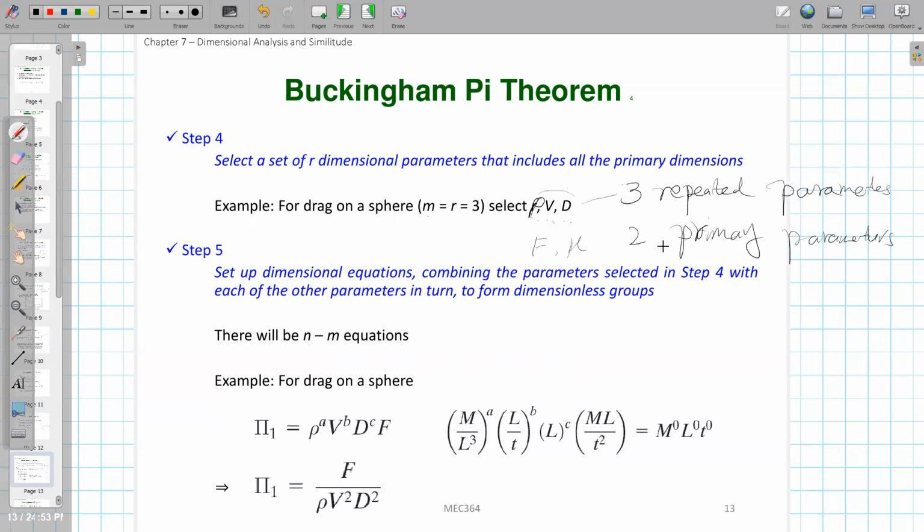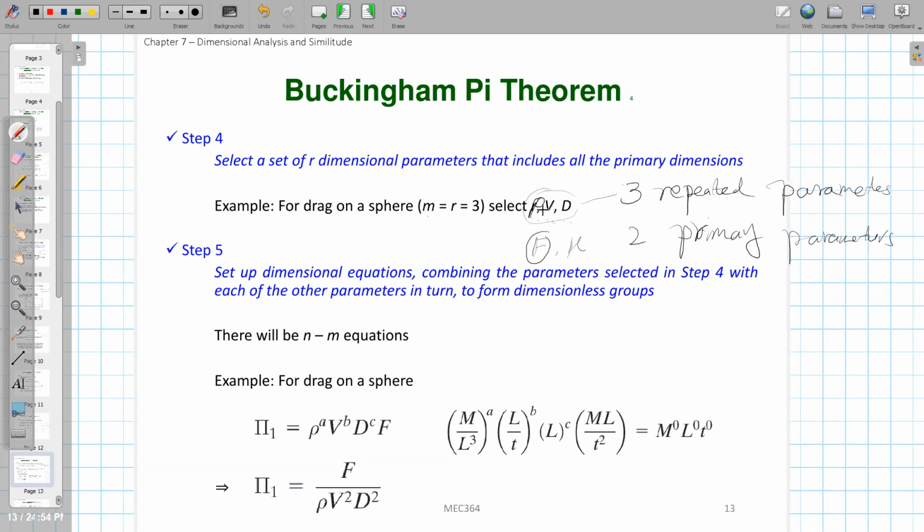For each primary parameter, actually, it can be expressed by these 3. From the dimensional analysis, we know that this rho, v, d already contains all the fundamental dimensions.